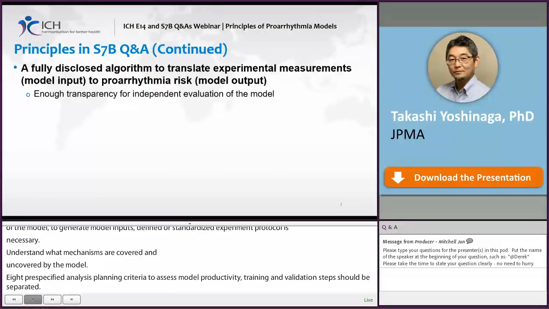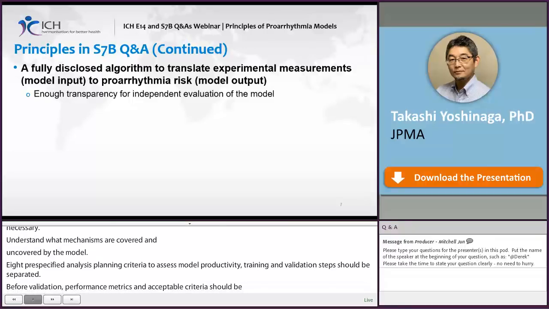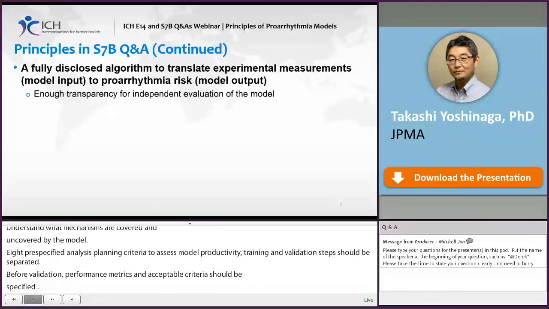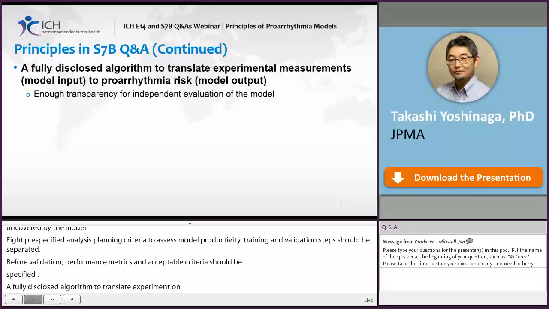Fully disclosed algorithms to translate experimental measurement model input to proarrhythmia risk model output. Enough transparency for independent evaluation of the model is needed to re-evaluate the model performance.